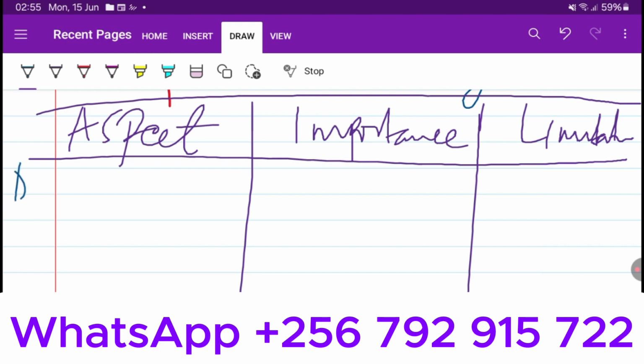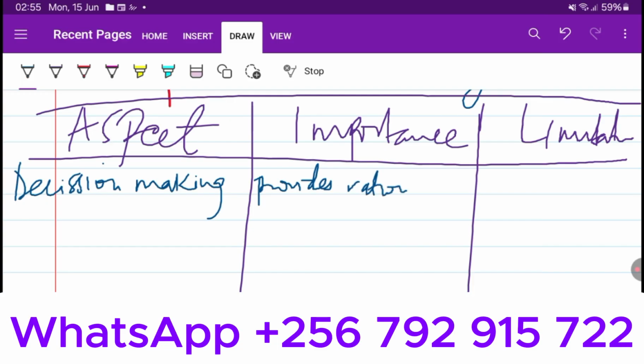So for decision making, what is the importance? The importance is that it provides a rational basis for choices. Now the limitation is that it cannot guarantee the correct outcome.